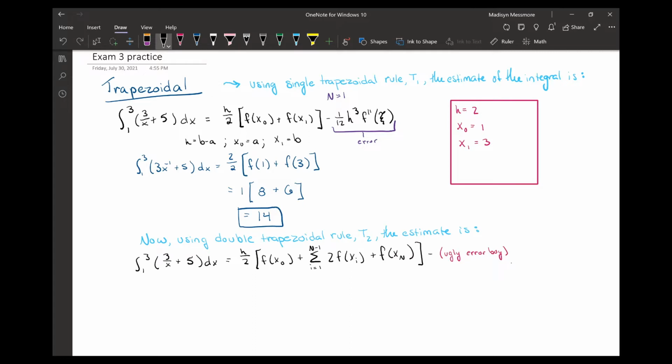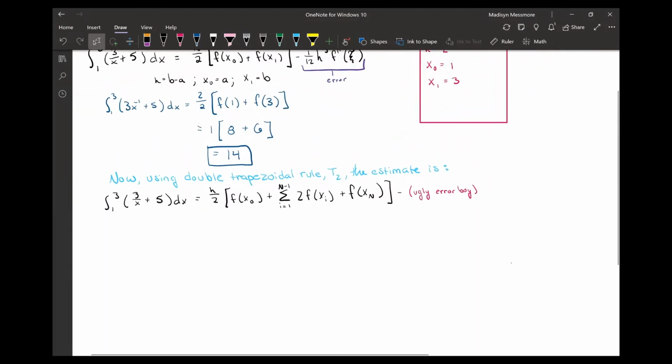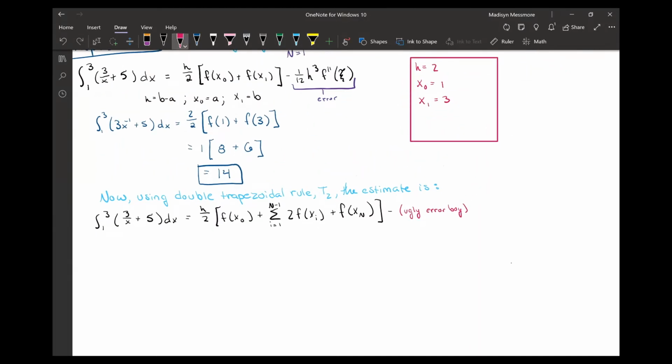Anyway, so in this case, we'll go back over. Oh, no, don't do that. Surface can be so stupid sometimes. We'll toss this over here.